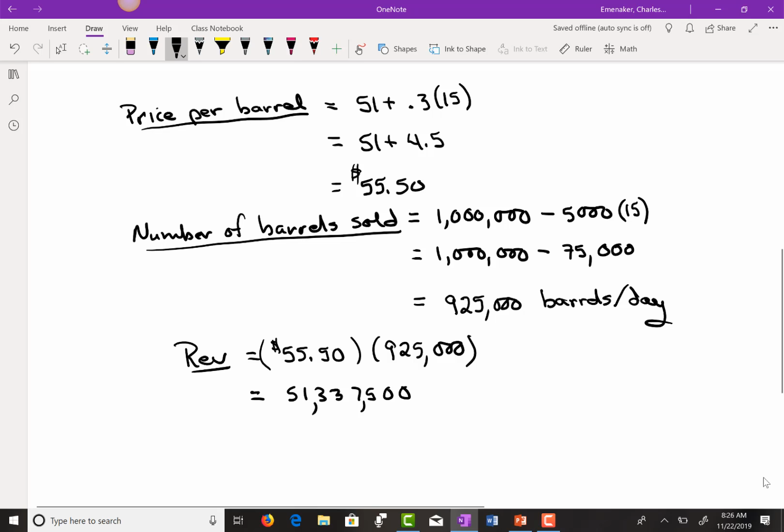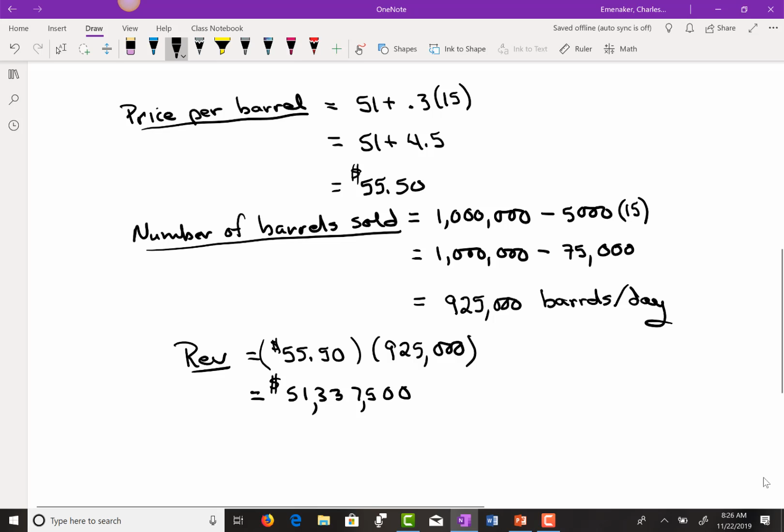What are the units on this number? Dollars. So this company, if they raise the price by $4.50, is going to generate $51 million a day. Now, is that the profit? No, they still got to pay everybody who works, pay for all the equipment, pay for a zillion things.